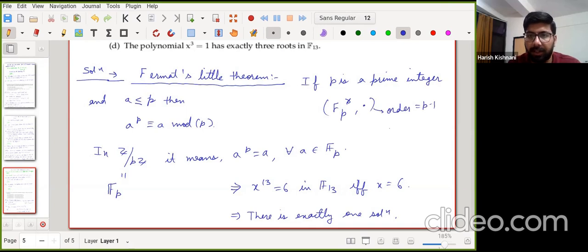And any non-zero A is inside FP star. So you will get A^(P-1) is equal to the identity, which implies A^P is equal to A. So that is the proof.